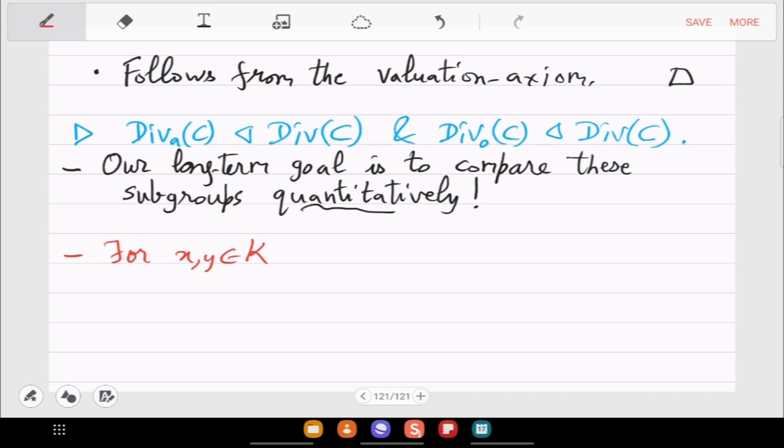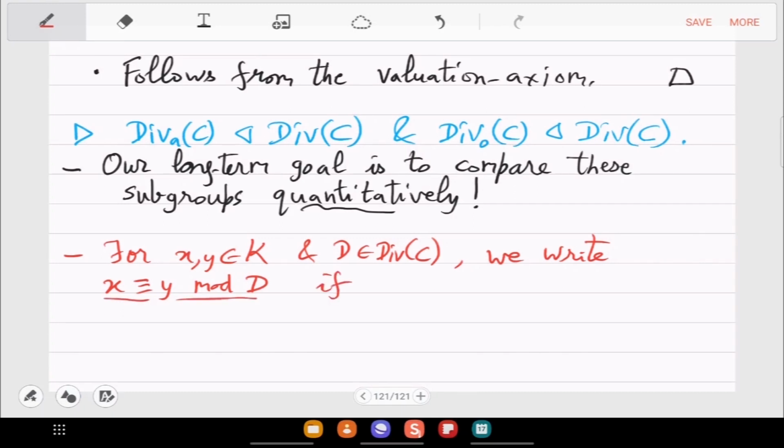So we want to say that with respect to a divisor, two functions are called equivalent if... Just take a cue from principal divisors.